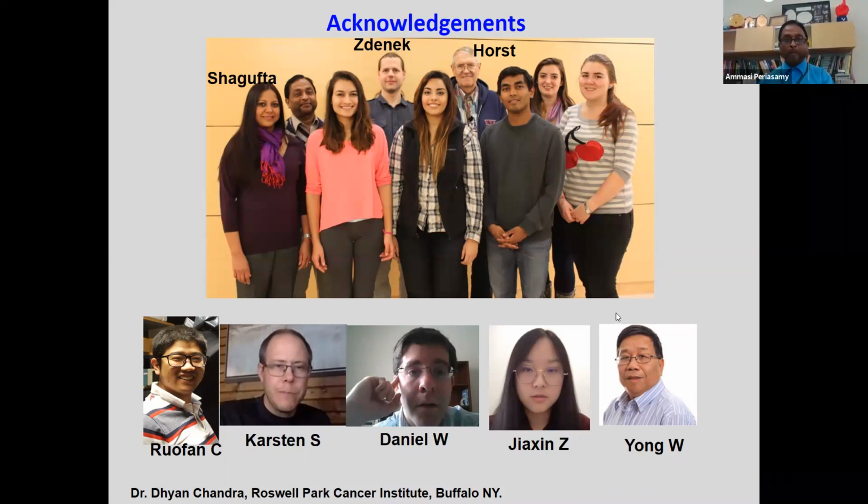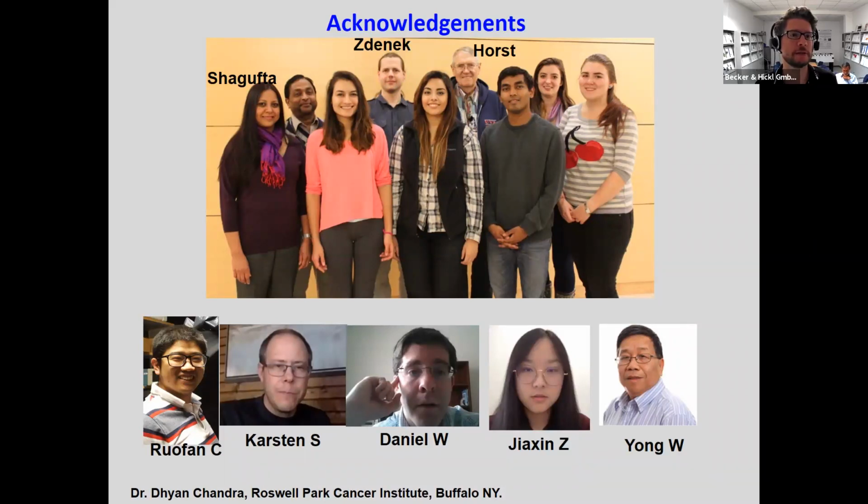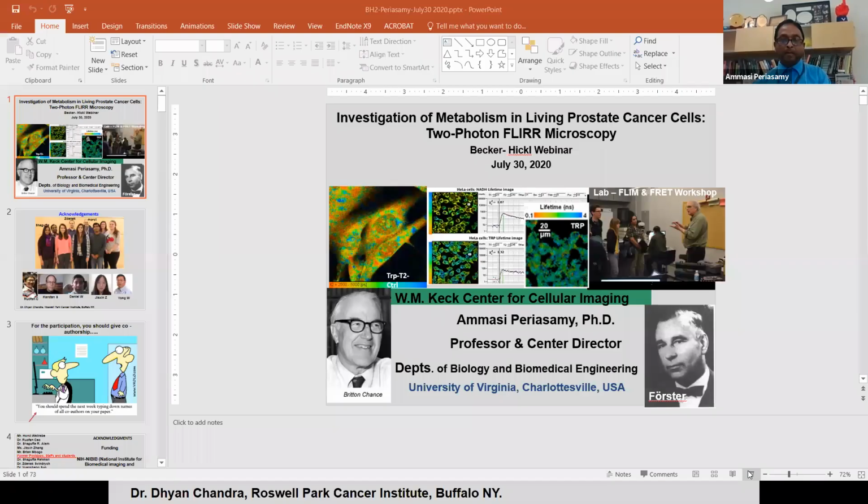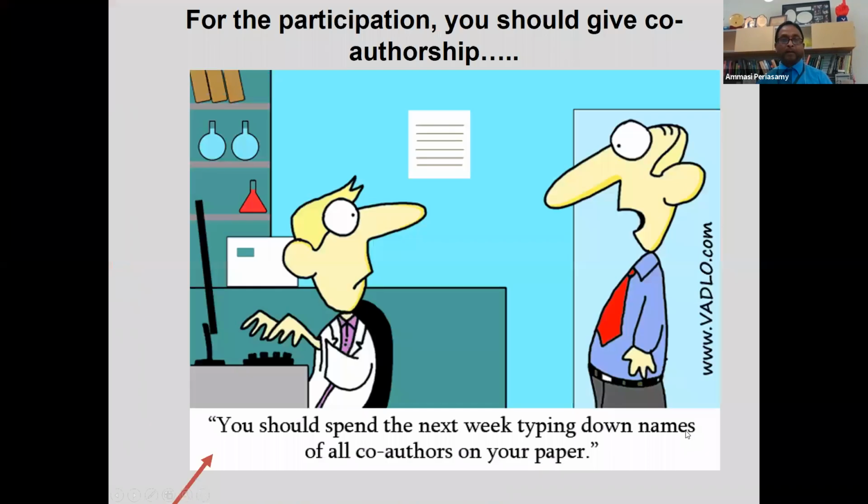Yeah, this is probably better. Try again. It's giving trouble. One second. It was working okay. Okay, all right. So you should share the authorship. That's what I am trying to show.